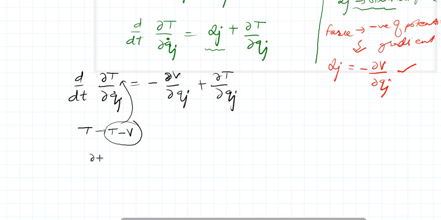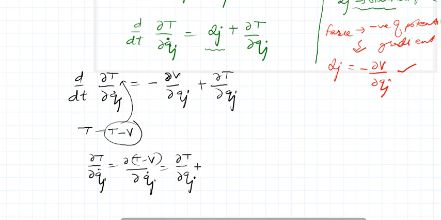Because if I express ∂T/∂q_j dot as ∂(T − V)/∂q_j dot, then it can be written as ∂T/∂q_j minus ∂V/∂q_j dot here and here. But its derivative is 0, because this potential does not depend upon the velocity, it depends upon the positions, right?